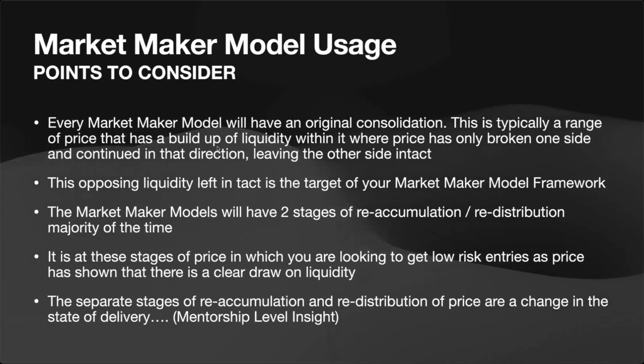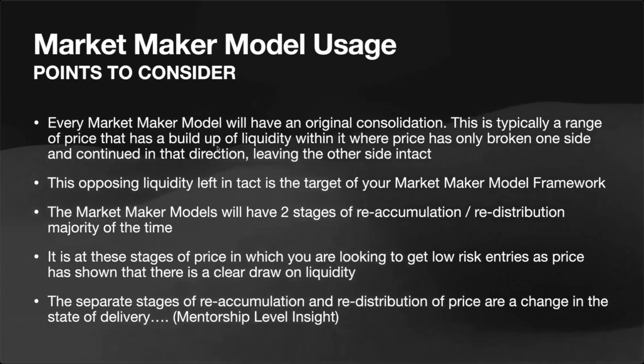Sometimes there'll be a third stage, fourth stage. That's on a fractal basis. But on the time frame in which we have the market maker model, that's at most two stages of reaccumulation or redistribution. So a market maker buy model will have two stages of reaccumulation. The market maker sell model will have two stages of redistribution. Okay.